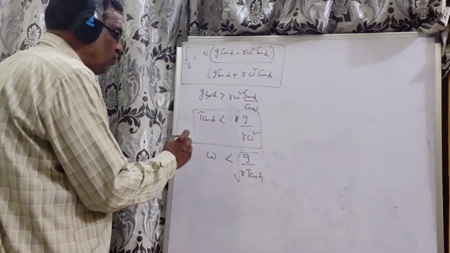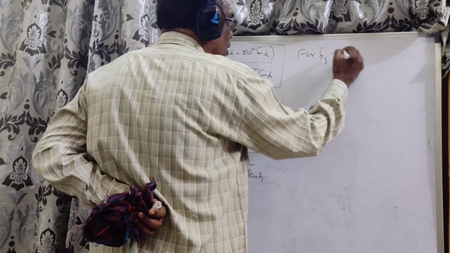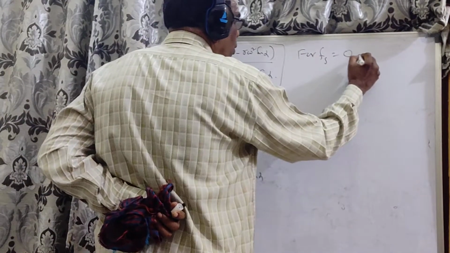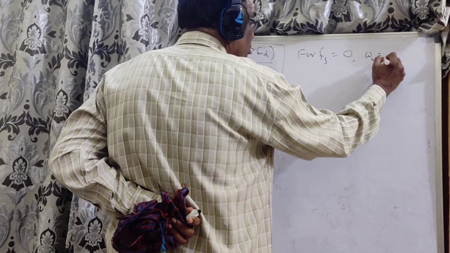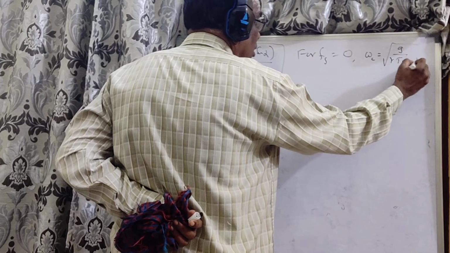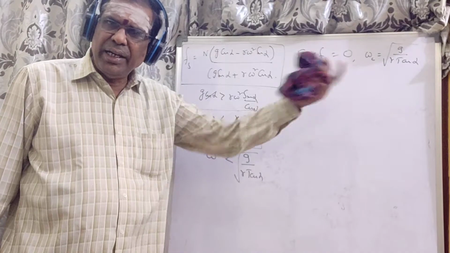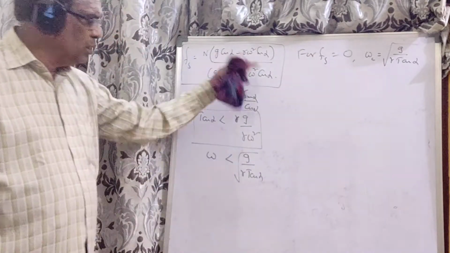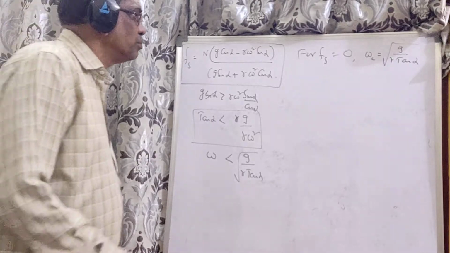For frictional force to be 0, for Fs to be 0, omega critical is equal to under root g by r tan alpha. Now the small r you can convert into h, l, capital R based on the geometry. I'm not interested in that. You can easily do that.